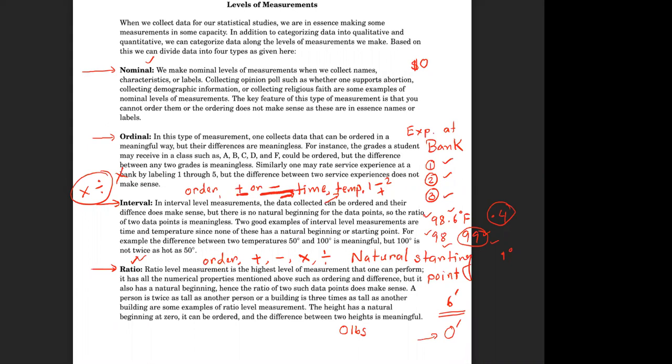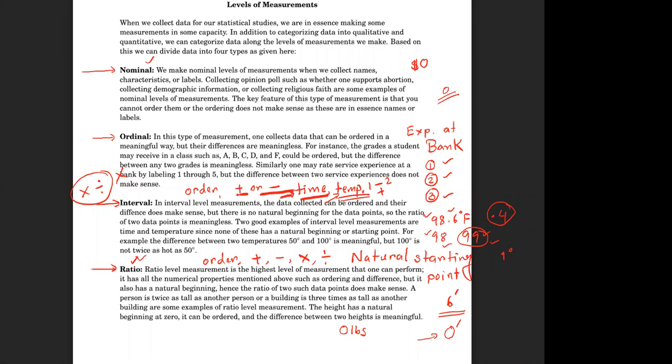One could argue with time and temperature. Technically, in theory, there is an absolute 0 degrees. However, for practical purposes, we kind of exclude it.